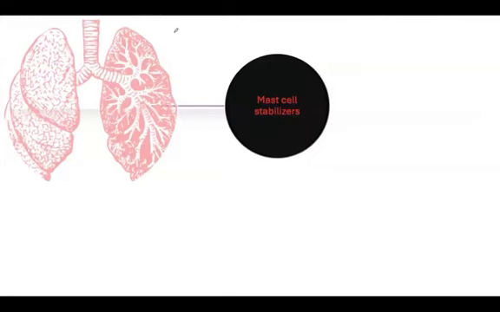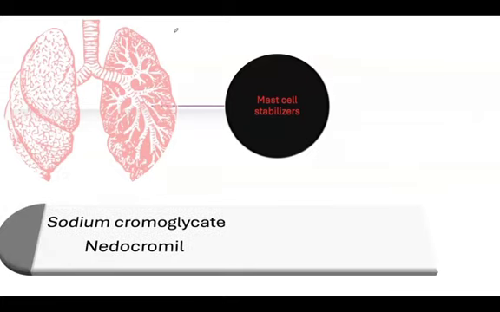So one, we talk about the mast cell stabilizers. We have examples such as sodium chromoglycate, also known as cromolyn sodium, and then nedocromil. Now, these drugs, from their name, they work by stabilizing the membrane of the mast cells so that instead of releasing histamine, we do not release the histamine.